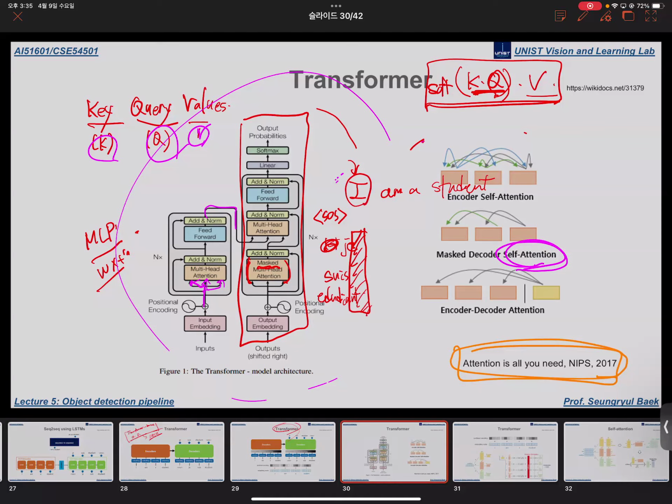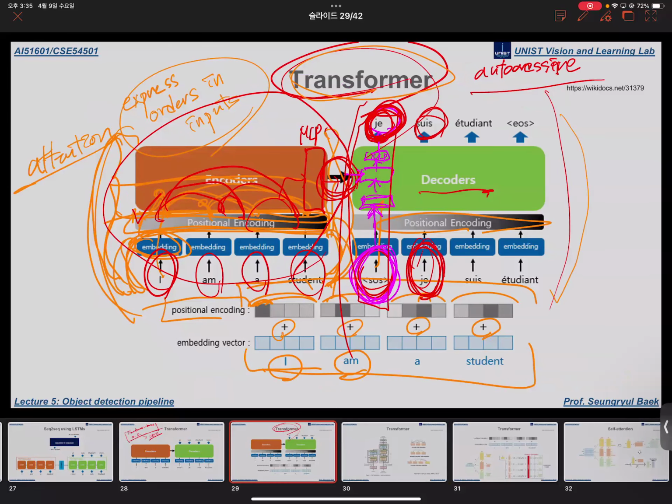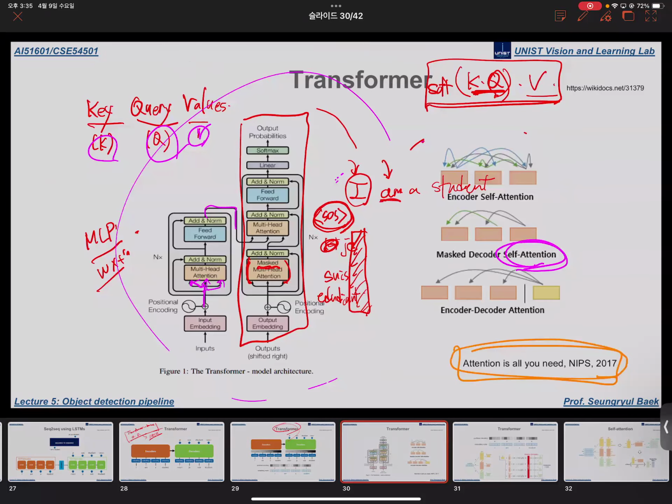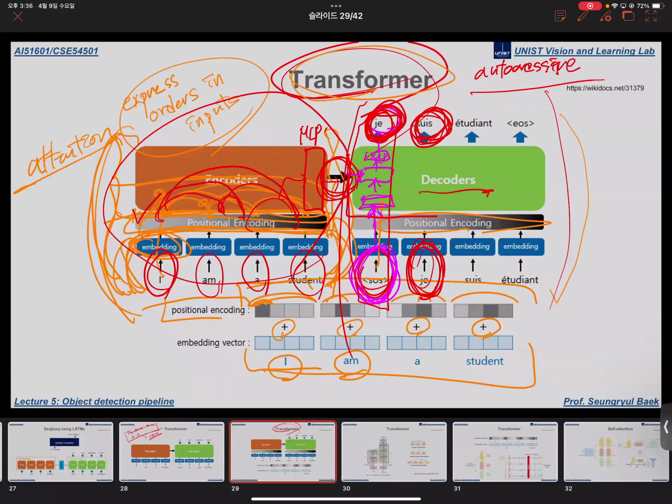It is only cross-attended with this SOS, okay? And when getting the second output, these two are applied with self-attention, so now this and this are attended with this "am", but the later ones are not shown, because of the operation of this decoder, okay?